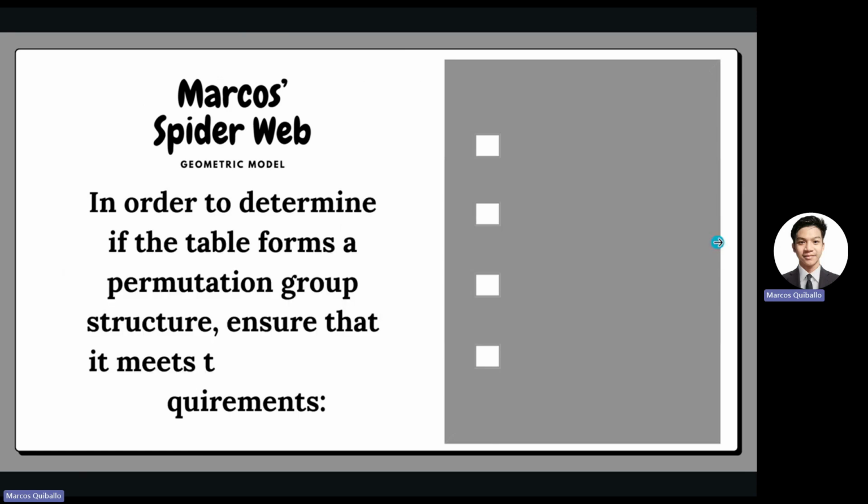So in order to determine if our table forms a permutation group structure, we must ensure that it meets the following requirements. So these are the requirements that must be satisfied. It must be closed, which means that in our table, all the outcomes are within our set, which is the elements of row 0, row 1, row 2, row 3, row 4, row 5, row 6, row 7, mu1, mu2, mu3, mu4, mu5, mu6, mu7, and lastly, mu8.